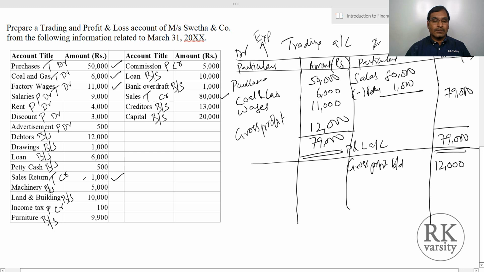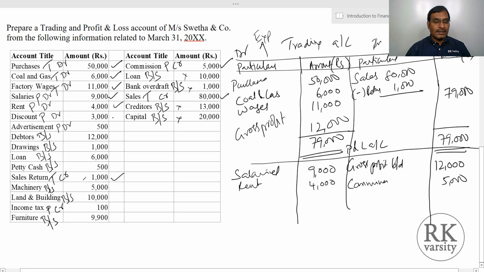So you have a commission received of 5,000. So we'll enter the value here. Commission rupees 5,000. So this is also entered, and these others do not belong to our accounts. And here salaries 9,000. Then rent 4,000.